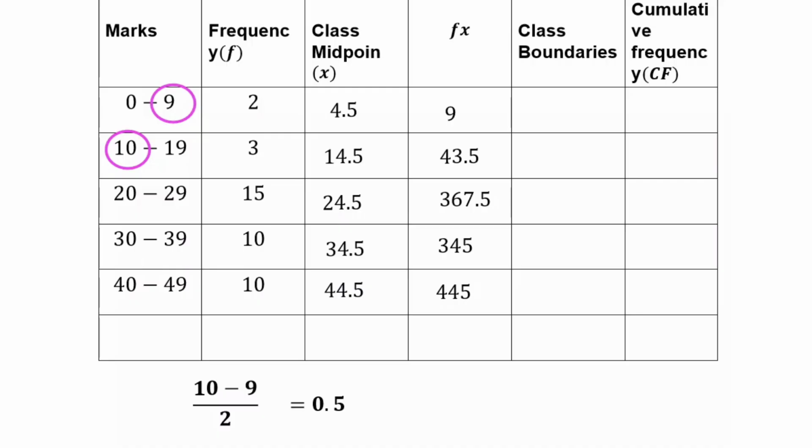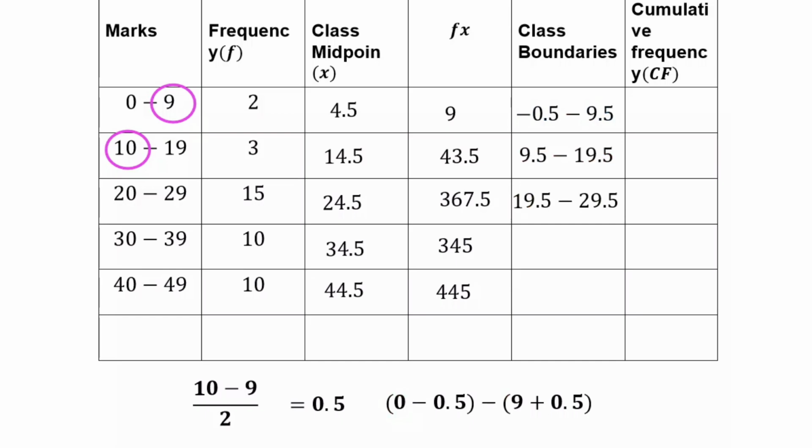Once we get that, we go to each class and subtract it from the lower limit and add it to the upper limit. The first one is 0 to 9, so we subtract 0.5 from 0 and add 0.5 to 9. Then we get negative 0.5 to 9.5. It continues like that. So you can sit down and calculate, and then we get everything.